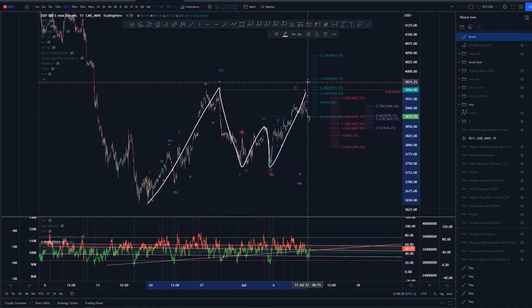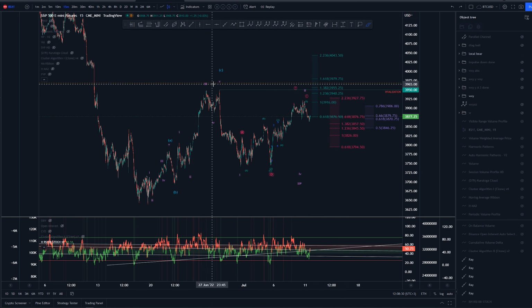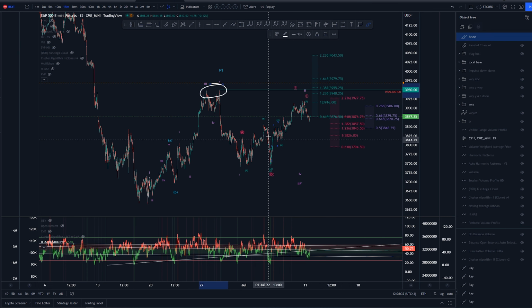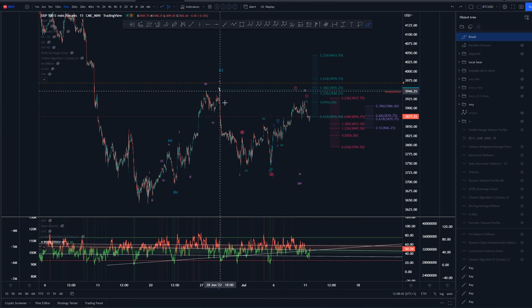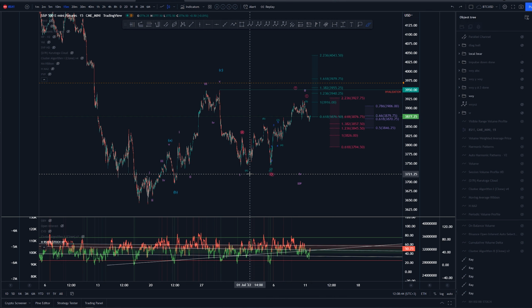The thing here is that we did not overtake these highs. I don't like that at all. I would have preferred it to take out these highs, and then again we would have one less count or possibility of this not being a 5-way move at all.